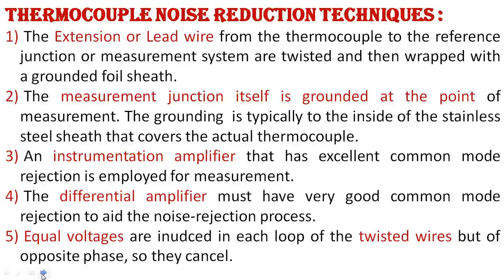An instrumentation amplifier that has excellent common mode rejection is employed for measurement. The differential amplifier must have very good common mode rejection to add to the noise rejection process. Equal voltages are induced in each loop of the twisted wire but of opposite phase, so they are cancelled.